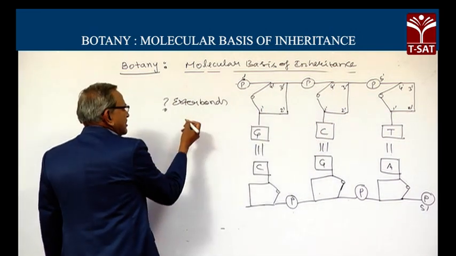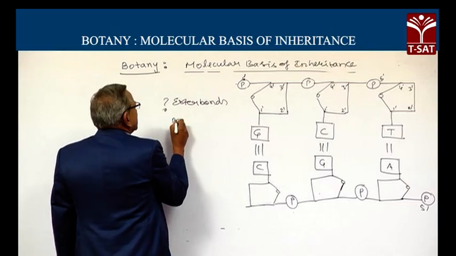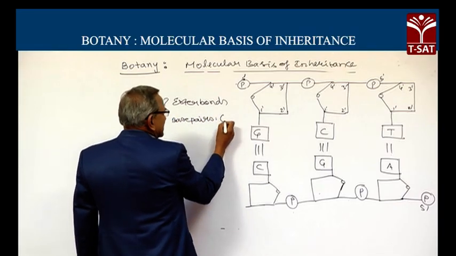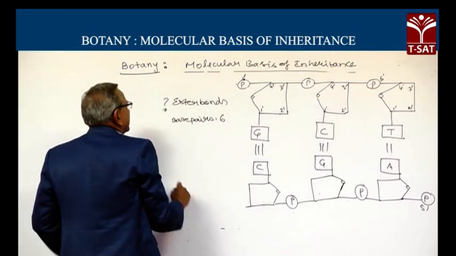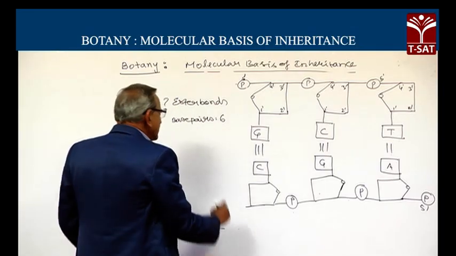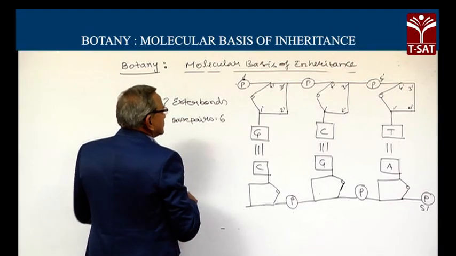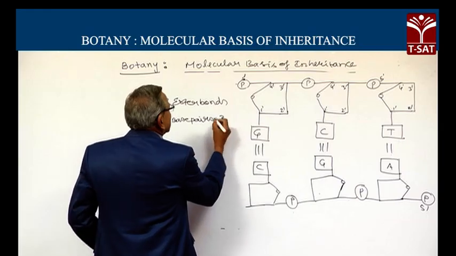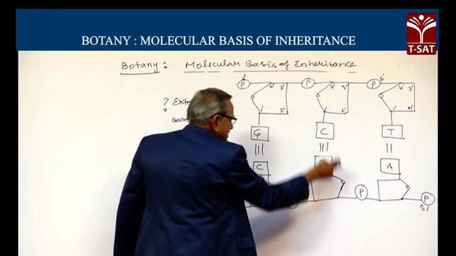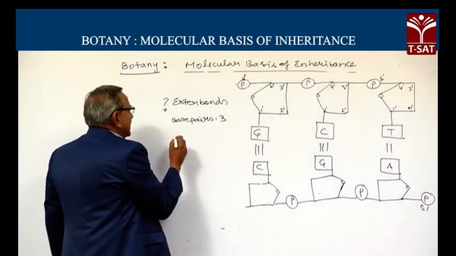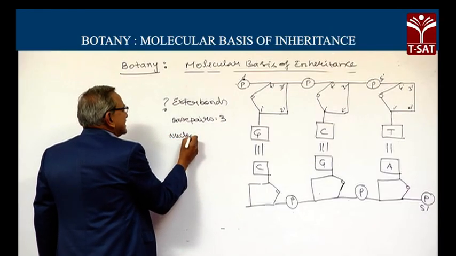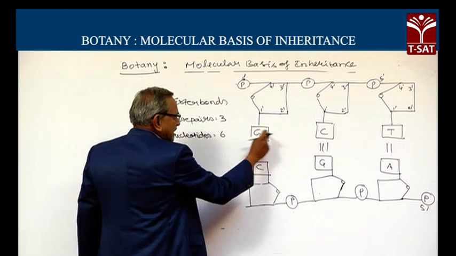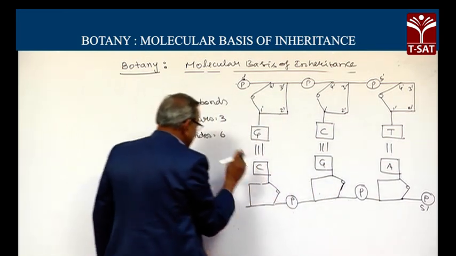So the number of ester bonds, how many base pairs are here? The number of nucleotides is 6, and the number of base pairs is 3: 1 pair, second pair, third pair, and the number of nucleotides here are 1, 2, 3, 4, 5, 6.